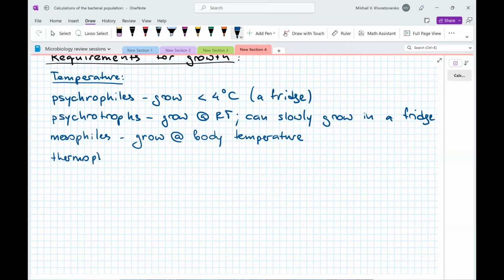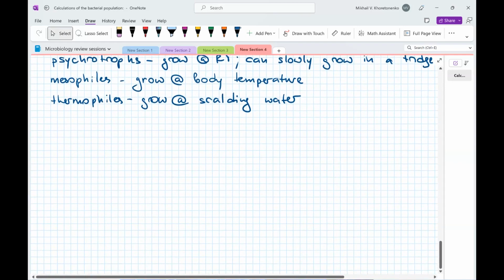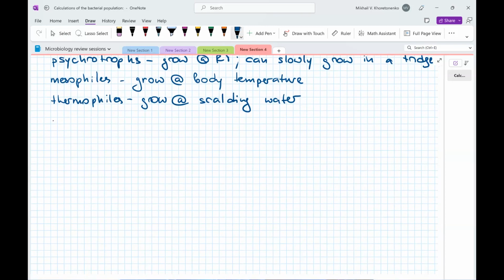Thermophiles grow at scalding water temperature. So like water is hot, but not boiling, okay?